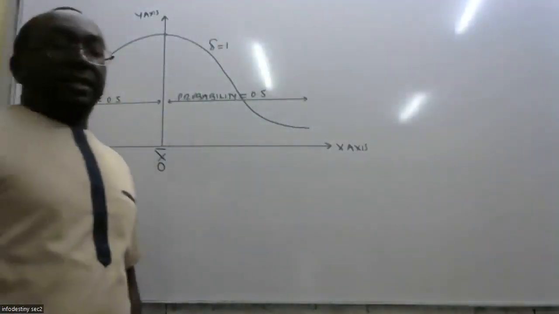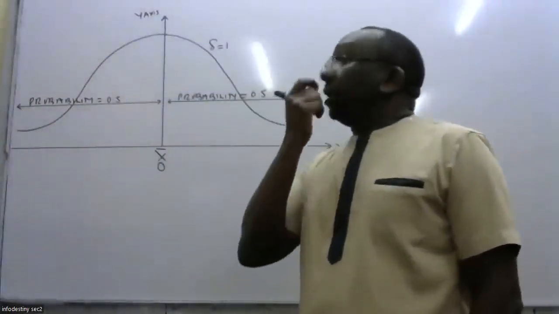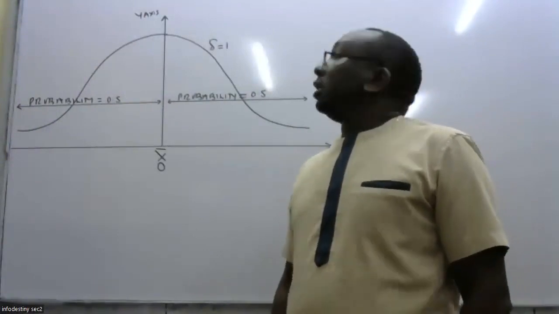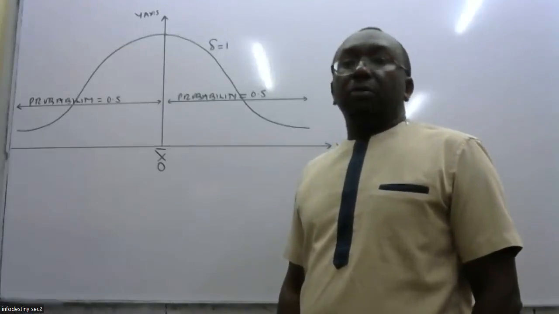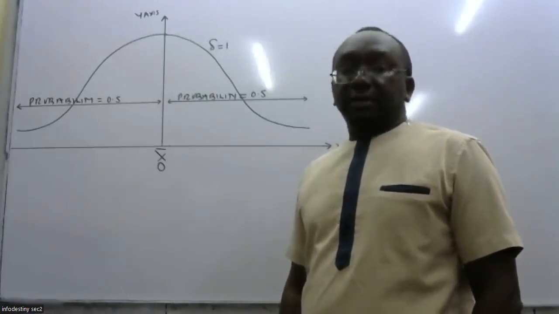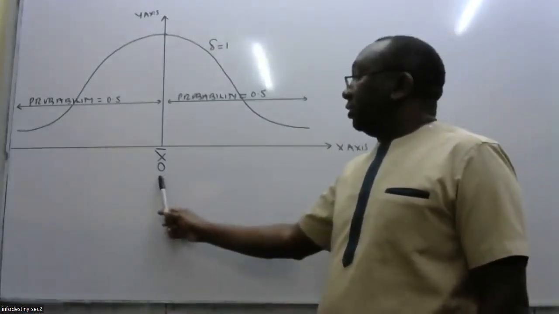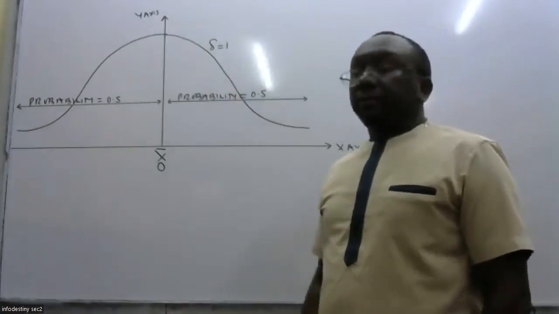So as you have said, this is the normal probability distribution, and it is the most used because it is simple and is applicable in almost every circumstance. It requires that the mean should be 0 and the standard deviation should be equal to 1.